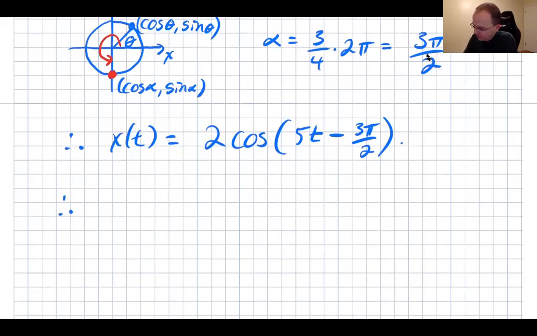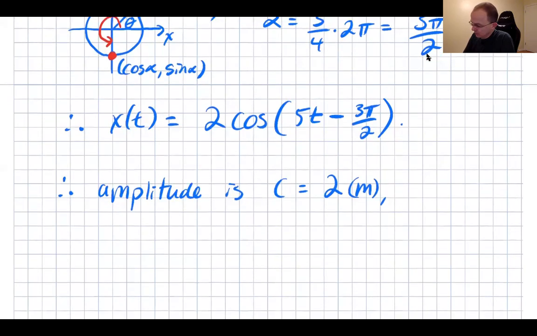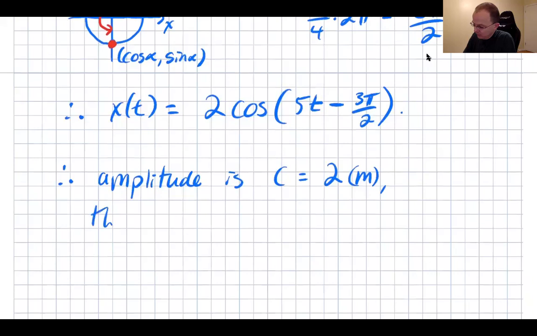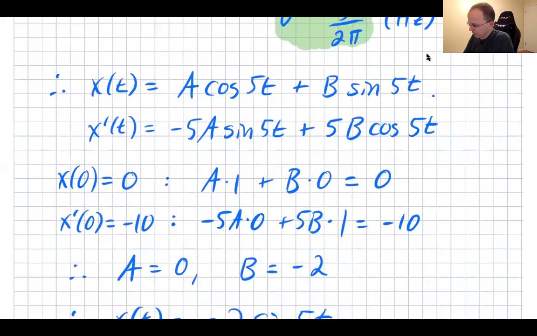So therefore the amplitude is c equals 2 meters. The period is T equals, which one was it, 2 pi over 5.